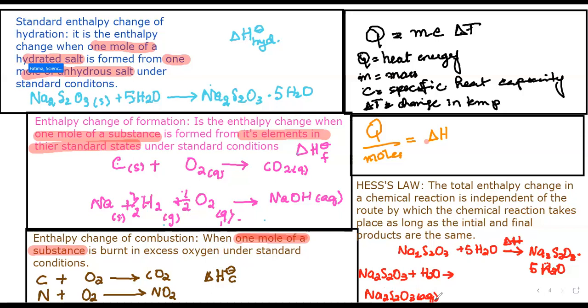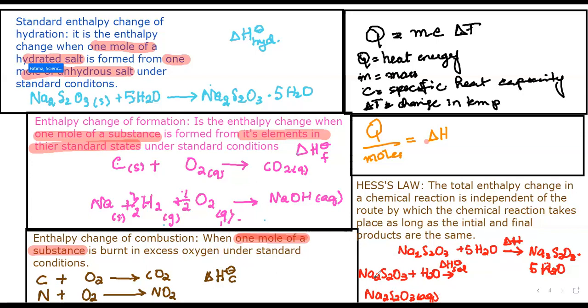Now this enthalpy change I can calculate. I can go with whatever method I like. I can go for Q = mcΔT, and I can simply calculate what the enthalpy change is. I can name this enthalpy change of solution. Why? This enthalpy change of solution is the enthalpy change when 1 mole of solute is dissolved in a solvent, right? So I'm dissolving 1 mole of sodium thiosulfate, so I'm getting a dilute solution.